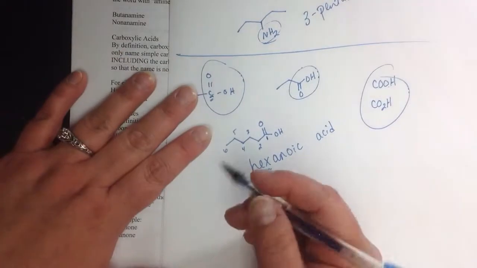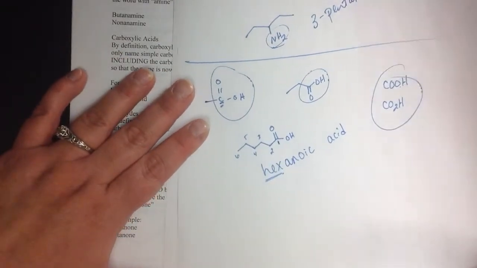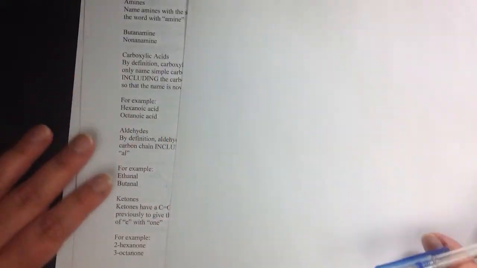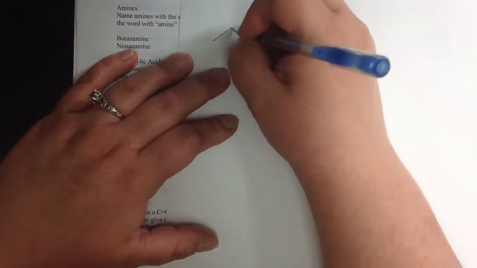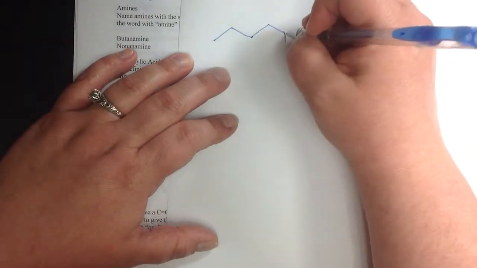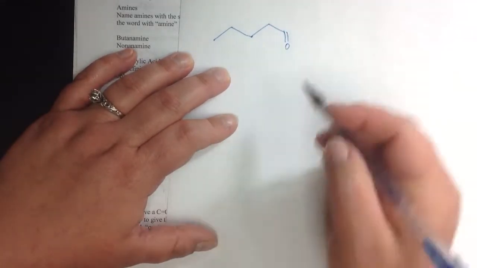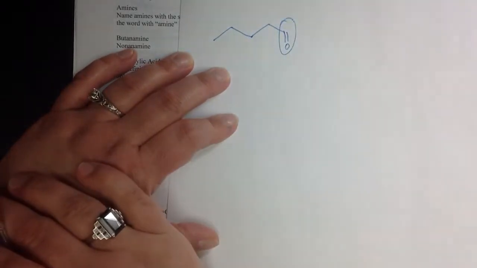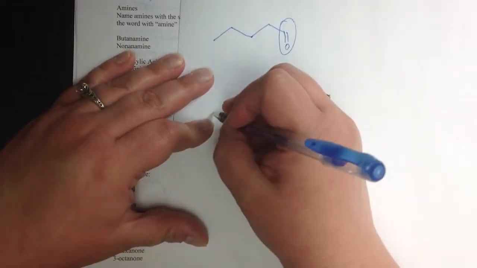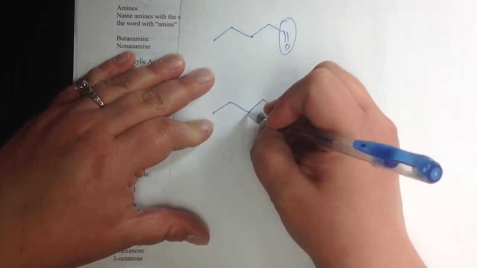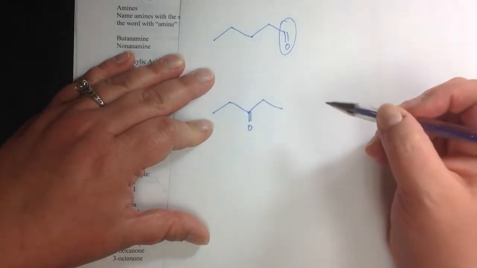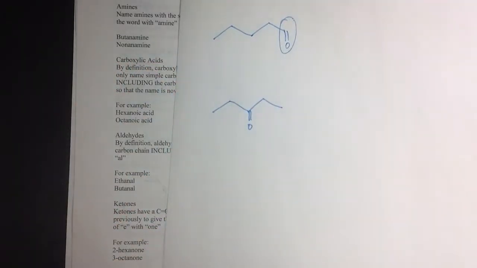Now, aldehydes and ketones. Let me show you the big difference between these two. Aldehydes have a C-double-O bond at the end of a chain. Ketones have a C-double-O bond anywhere but the end.